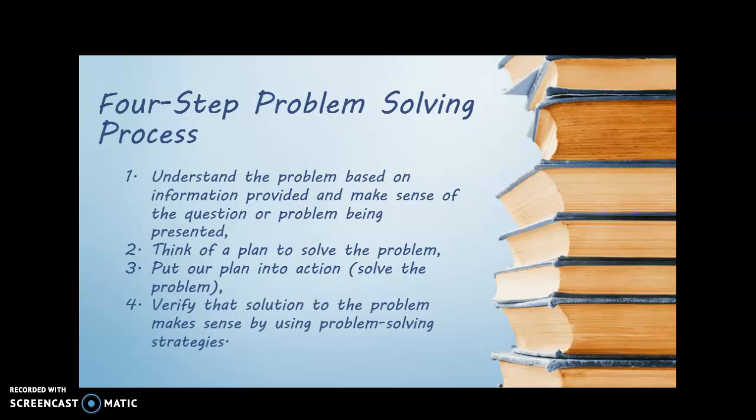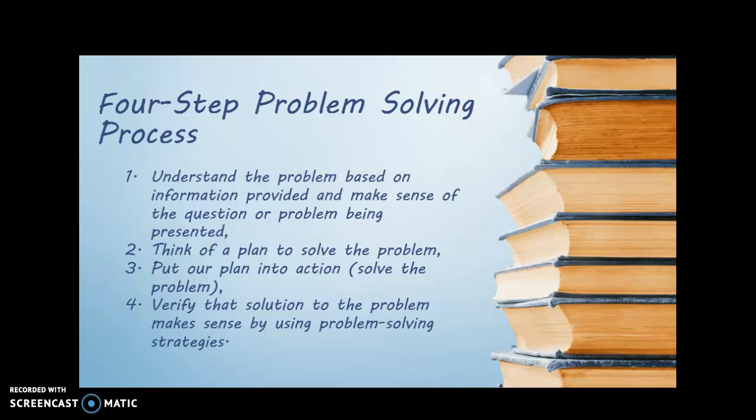Once we put our plan into action, we solve our problem based on the information that we have, and then we're going to need to be able to verify that our answer to the multiplication problem makes sense by using problem-solving strategies. So we're going to learn some problem-solving strategies that will help us solve our multiplication problem.